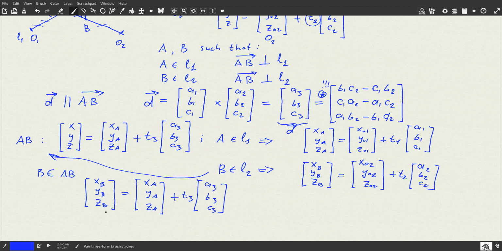So we now construct the equations taking XB, YB, ZB from those equations and XA, YA, ZA from those equations.